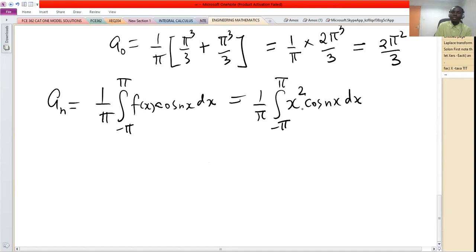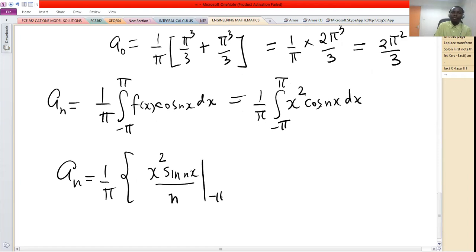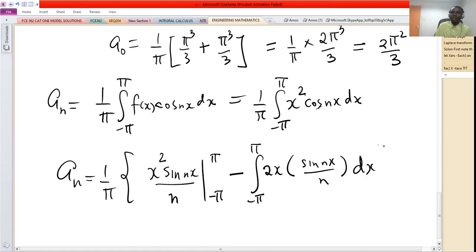So here you use integration by parts, letting u be this, dv be this, so that an will be 1 over pi, and then x squared sine nx over n from minus pi to pi, and then from minus pi to pi, and then 2x into sine nx over n dx.